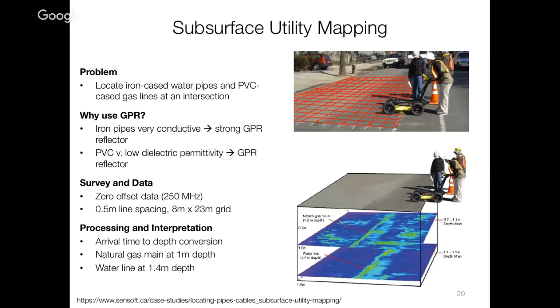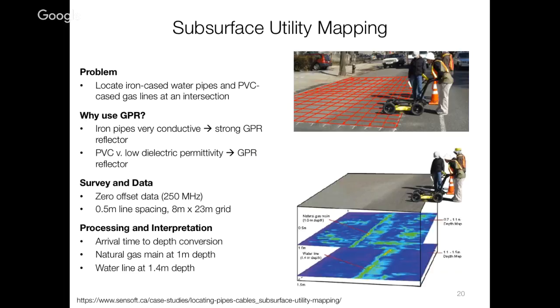If you had a metallic pipe, say an iron pipe, you would also get a reflection. So your reflectivity depends both upon the conductivity and the electrical permittivity, the dielectric constant. So that's what's happening here. We've got a water pipe that's iron, and we've got a gas pipe that's just plastic, PVC. So they want to find both of them.